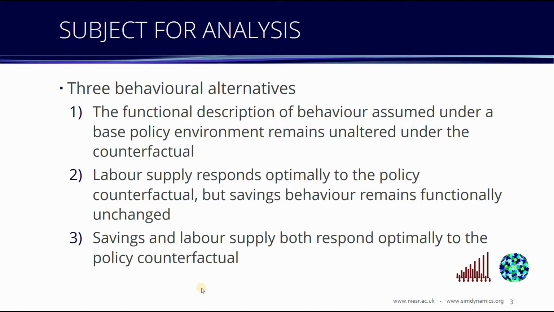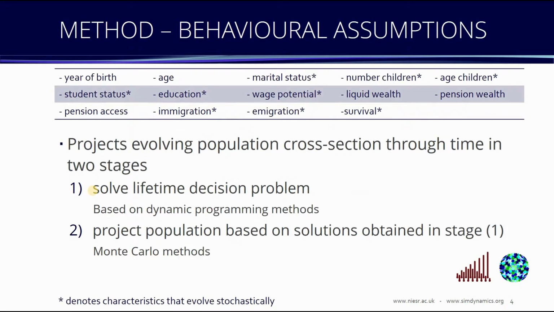Another in which both savings and labour supply respond optimally to the policy counterfactual, and then an intermediate in which labour supply responds optimally but savings does not. So to capture these behavioural alternatives, it's necessary to understand exactly how the model works, how it generates decision making.